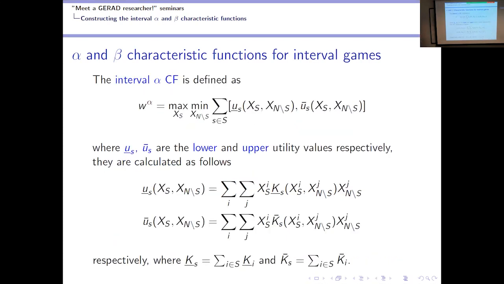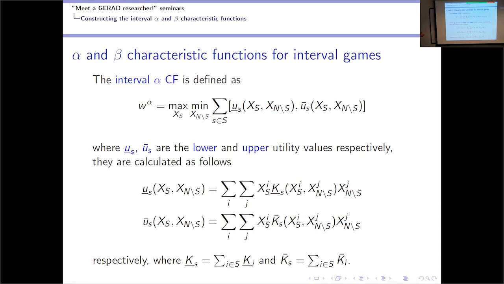Let me introduce the interval alpha characteristic function first, and then the beta characteristic function second. Actually, here we extend the classical, well-known alpha and beta characteristic functions to the interval setting.